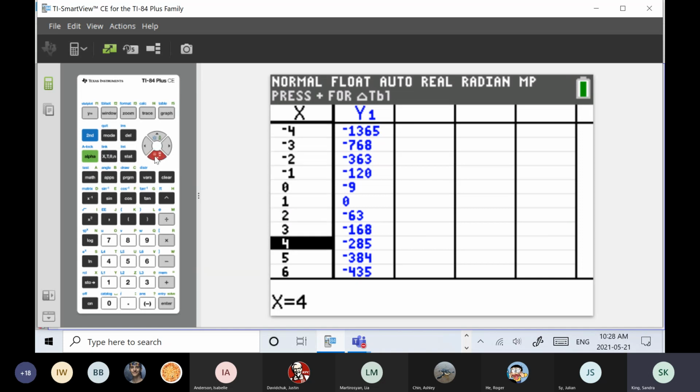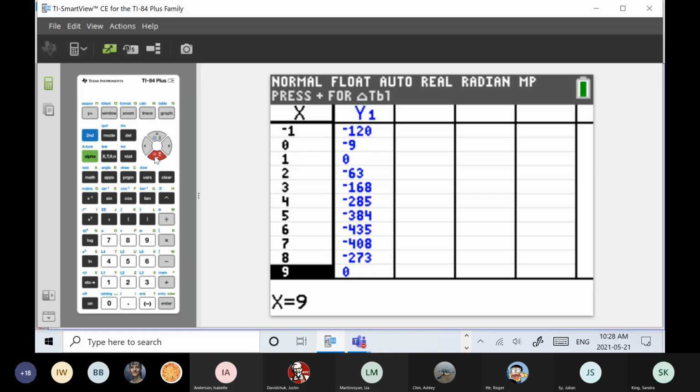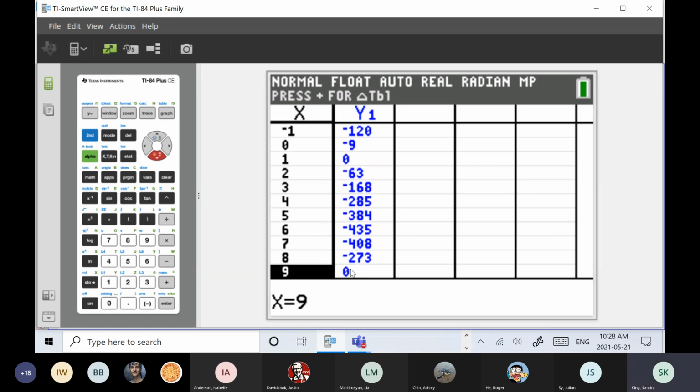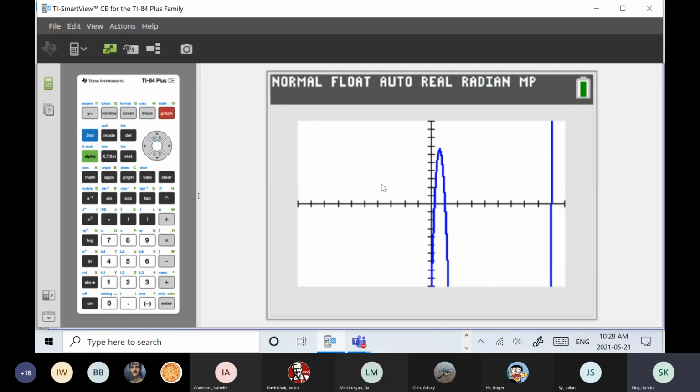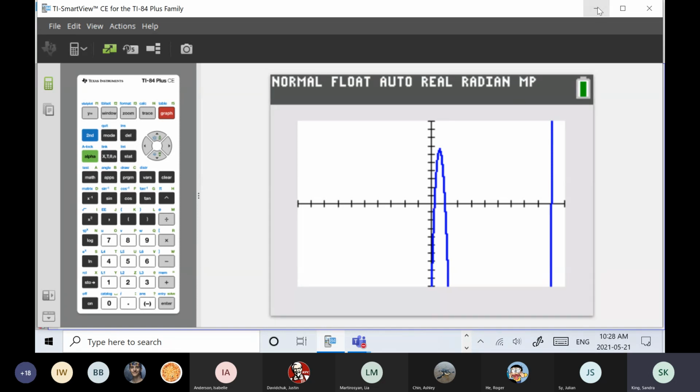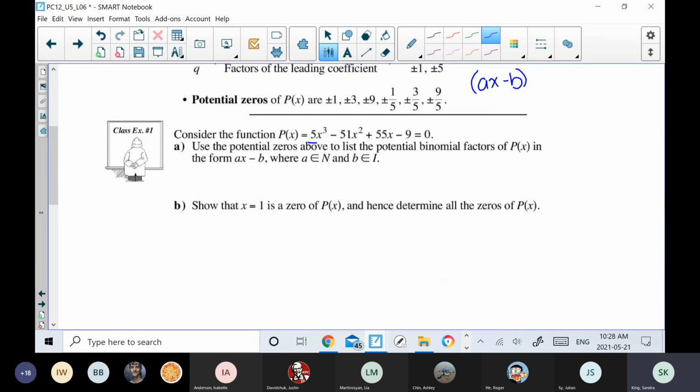And then if I scroll down, 9 is also a 0, right? So I'm looking for the zeros, which would be the x-intercepts. So going back to my graph, they're giving me this guy, which is x is 1, and they're giving me this guy, which is x is 9, but this guy is not listed, which means it's going to be a rational x-intercept, okay?